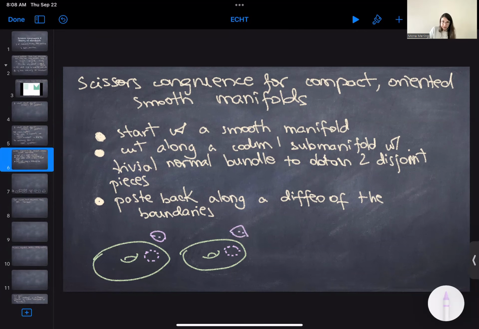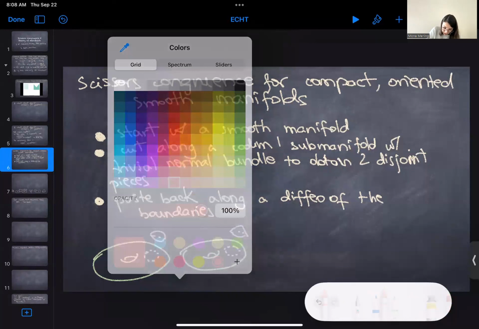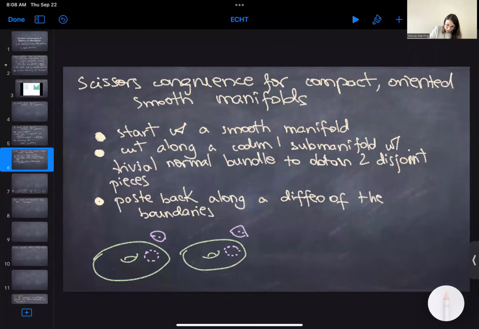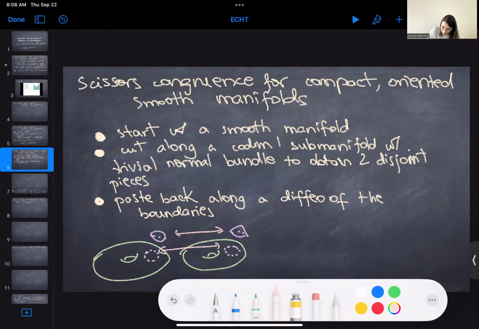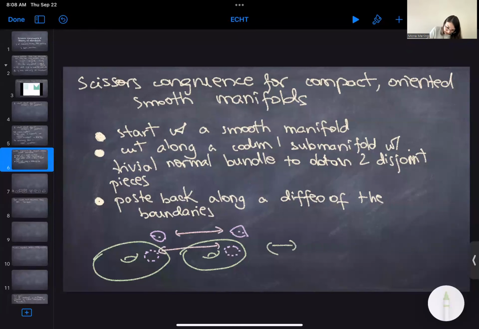And then the last step, we're going to paste back together. We're going to paste back all the boundaries that we cut, but we can paste them along any diffeomorphism of the boundaries that we want. So here I'm just going to paste this to this, and I'm going to glue this to this. Now let's see what the result is.